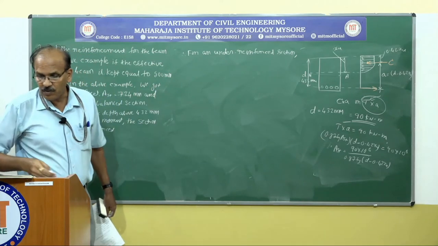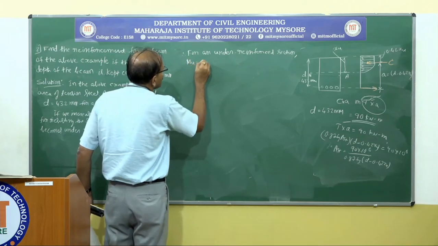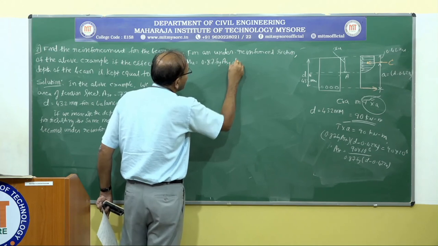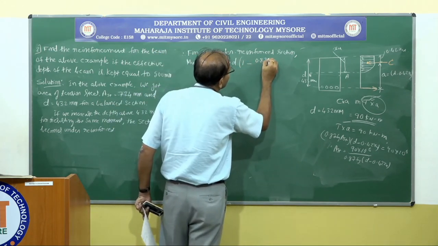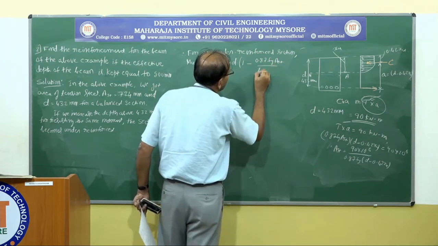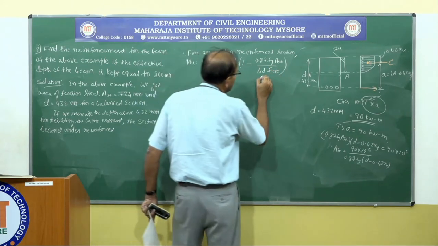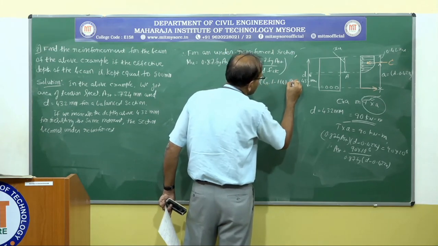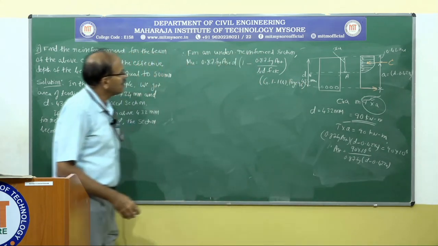So as given in the code book, Mu equal to 0.87 Fy AST D (1 minus 0.87 Fy AST divided by B D Fck). This is from G1.1b, page 96.